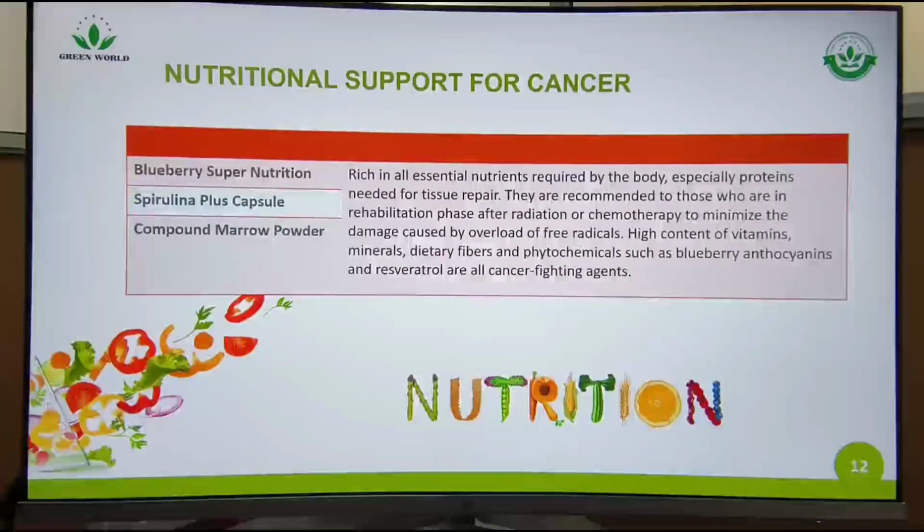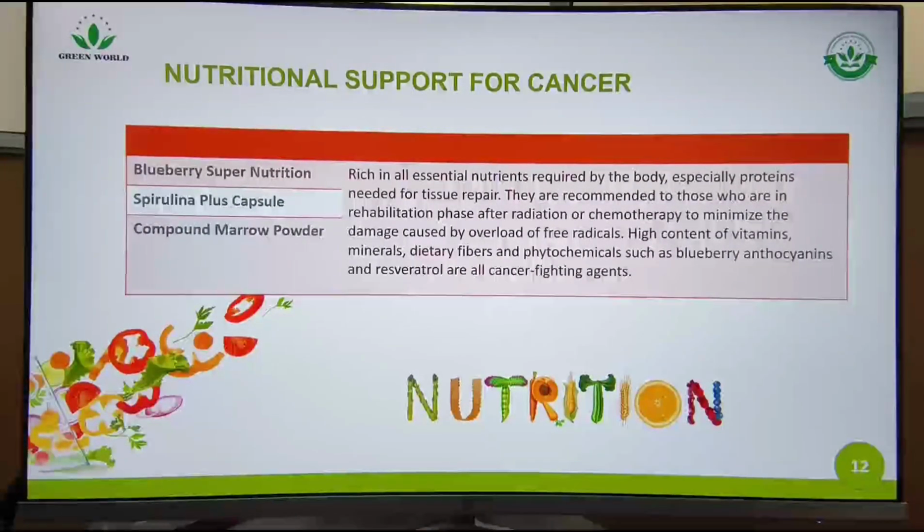So high contents of vitamins, minerals, dietary fibers, and phytochemicals such as blueberry anthocyanins and resveratrol are all cancer fighting agents. These are nutritional products that will help in making sure that the cancer patient is healing properly and getting the nutrients required and the body is operating normally.